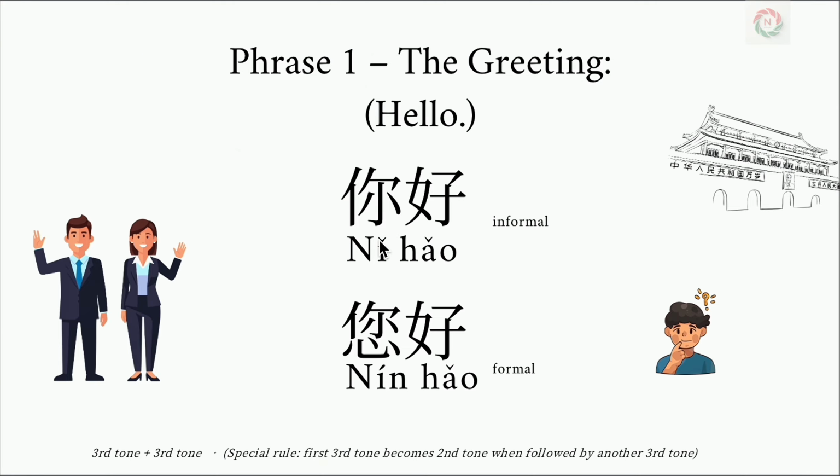So even though it is written ni hao, you pronounce this ni as second tone. Only this hao retains the full third tone pronunciation. Let's take it again. Ni hao, nin hao.